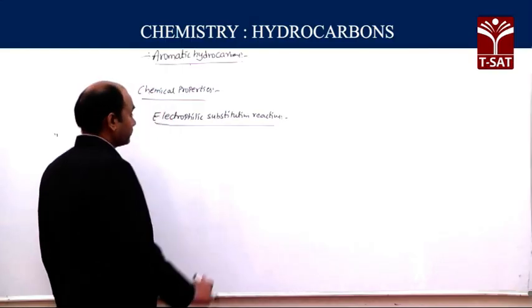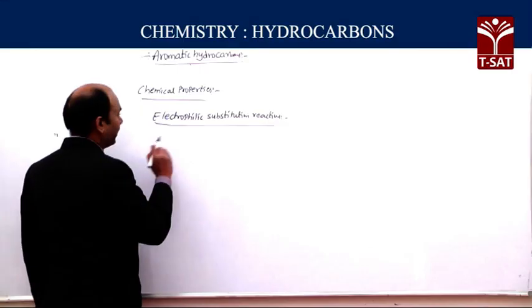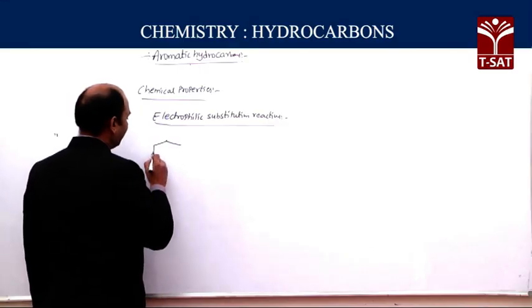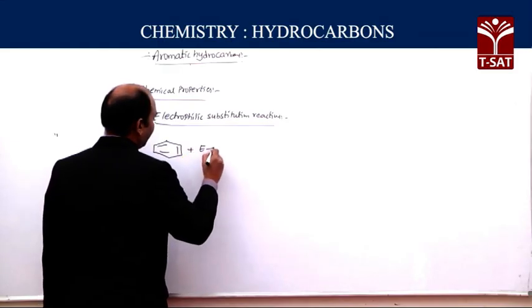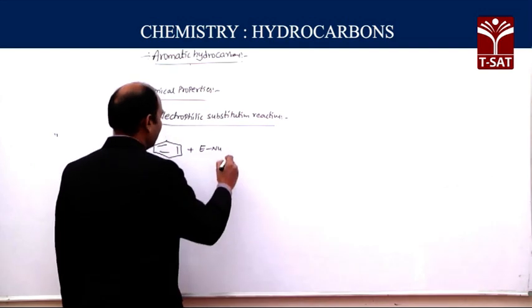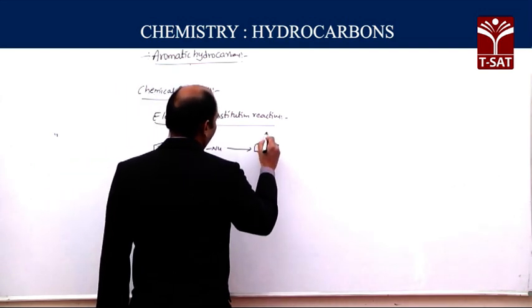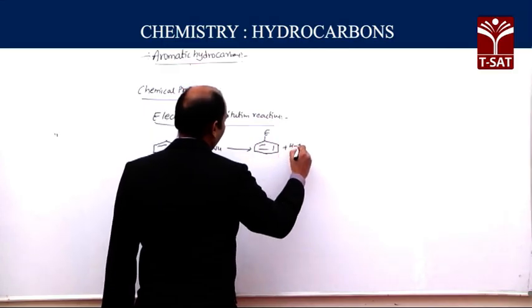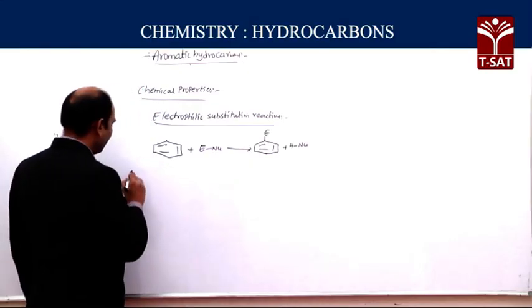In electrophilic substitution reaction, we have a general mechanism. Suppose we take benzene, and it is treated with a reagent having an electrophilic part and a nucleophilic part, so we get E plus and Nu minus. Now see the mechanism.